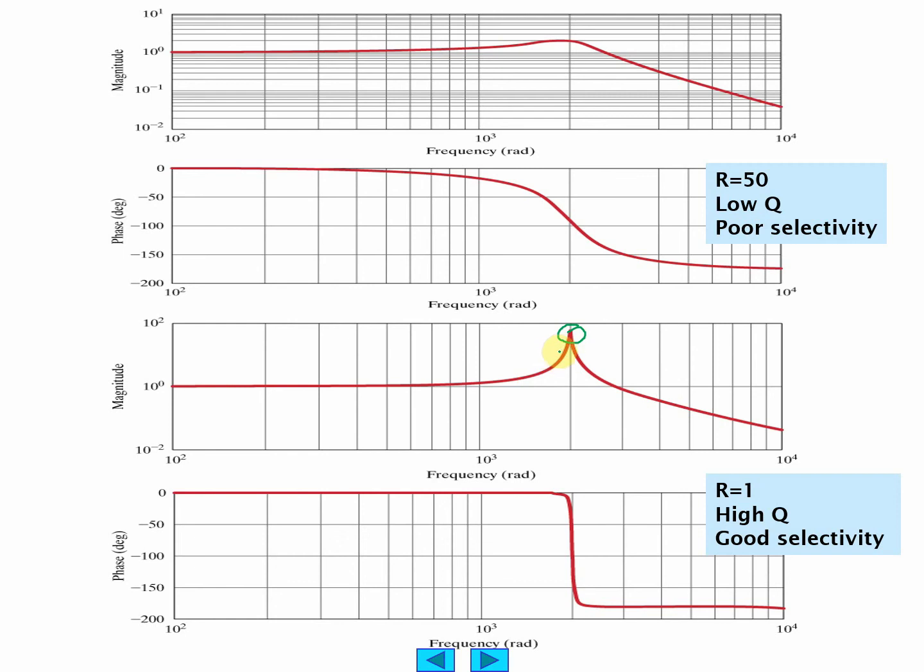The half power bandwidth is somewhere around here, 3 decibels down. In the phase, it just flip-flops right here. With a low Q, you get a big fat bandwidth and less gain, maybe 2.